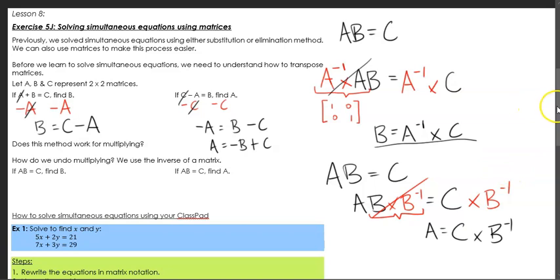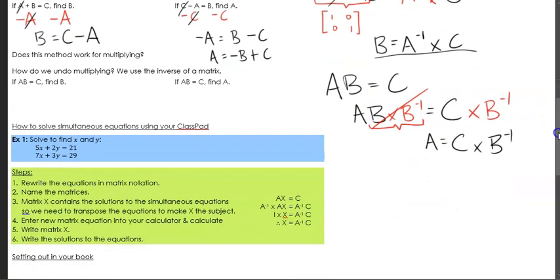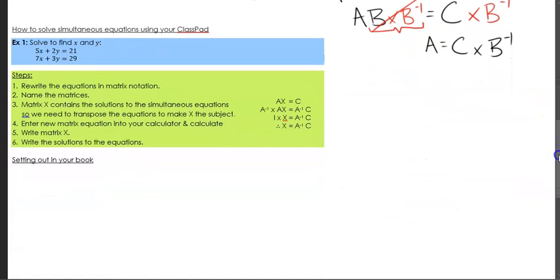Now, let's see how this is actually applied to simultaneous equations. So here, going back to the old chapter, solve to find x and y. We have 5x plus 2y is equal to 21 and 7x plus 3y is equal to 29. And remember, if you need a bit of a refresher, this is just saying x and y at the end of the day are going to be these two numbers.